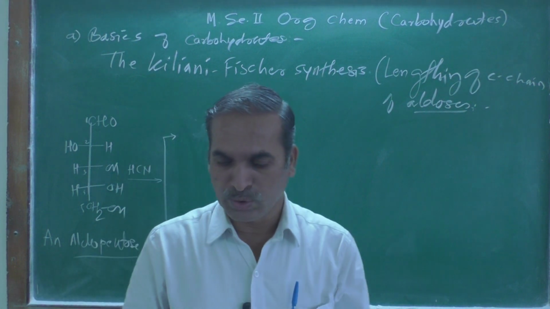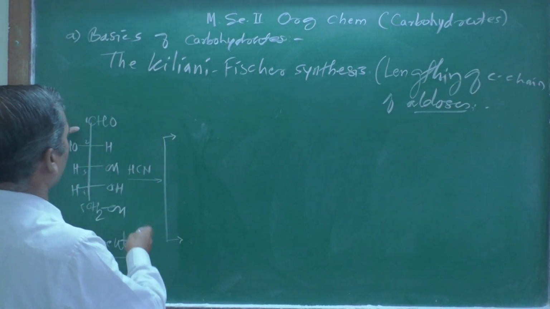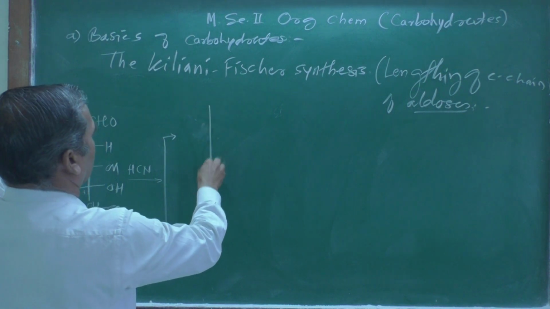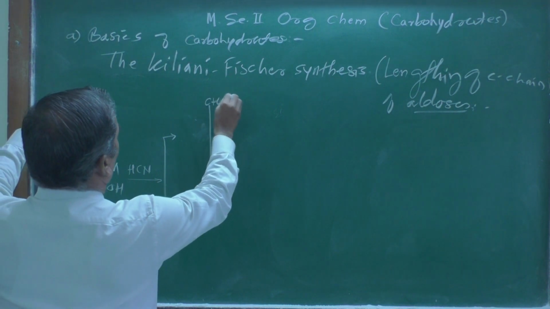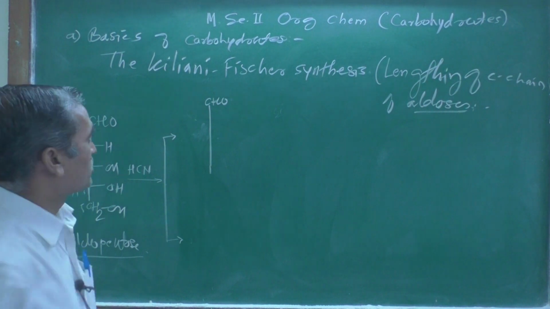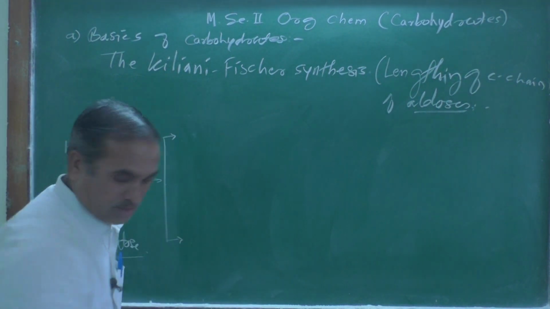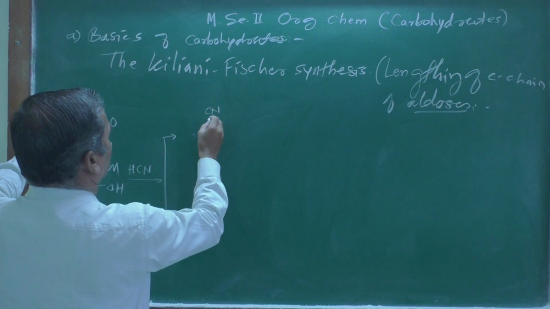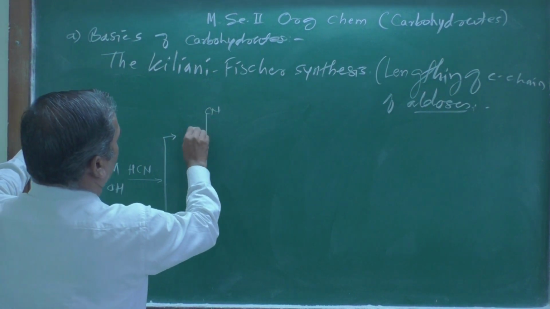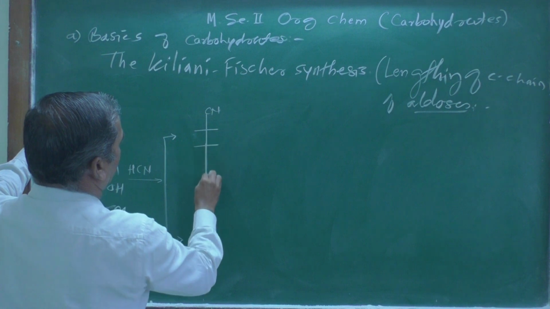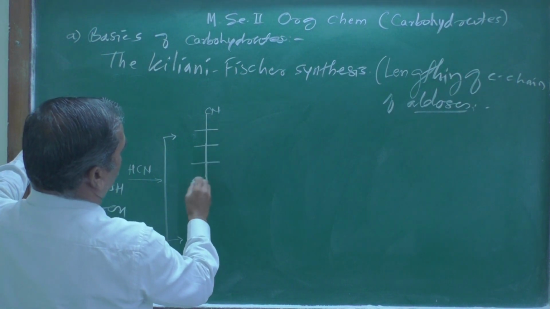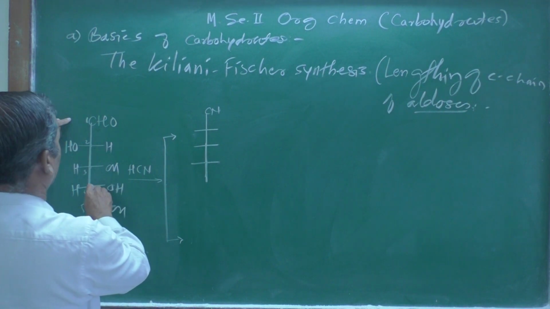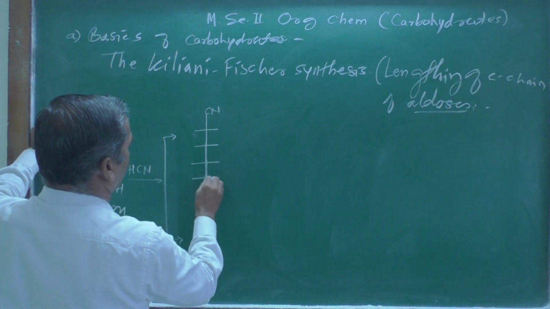You get the hydroxy group here, and the cyanide group, CN, coming here, then carbons 2, 3, and this 1, 2, 3, and one more OH.